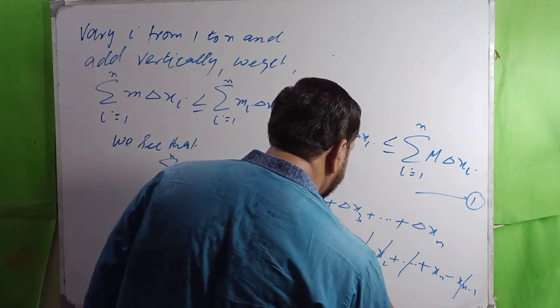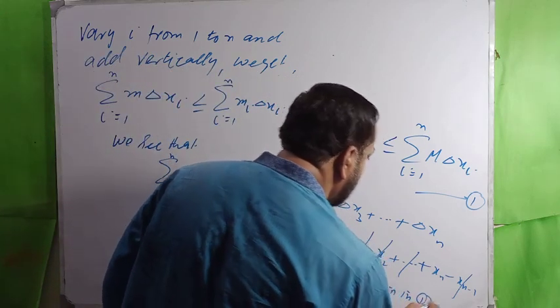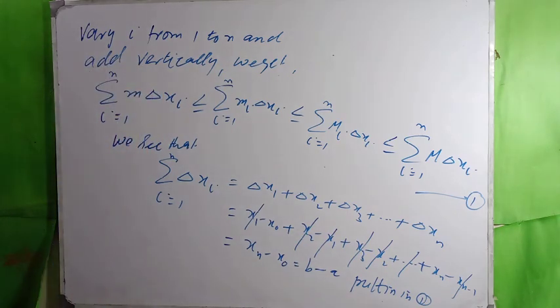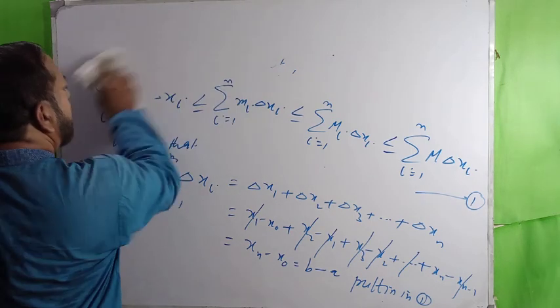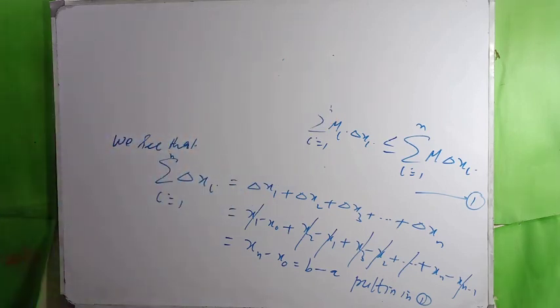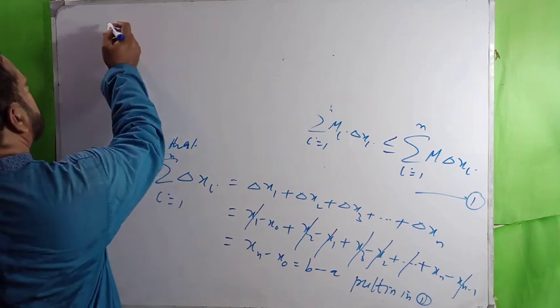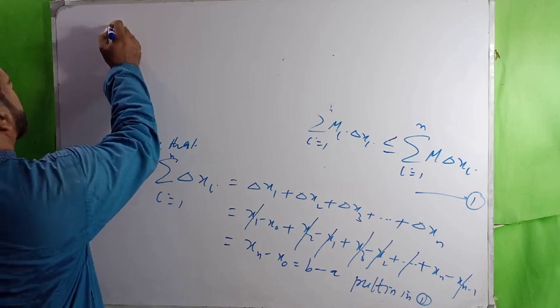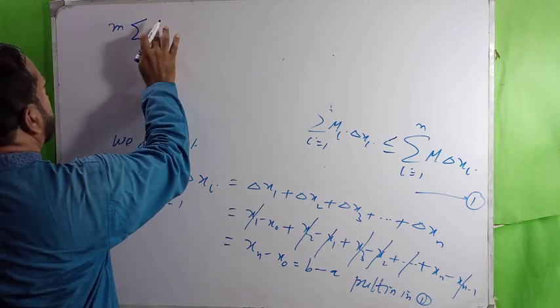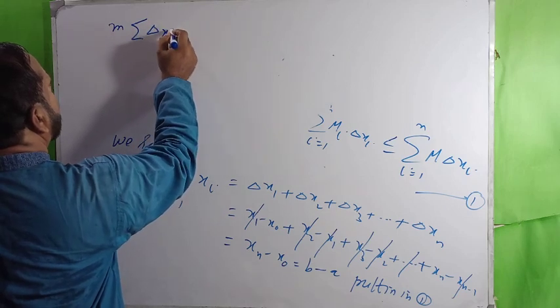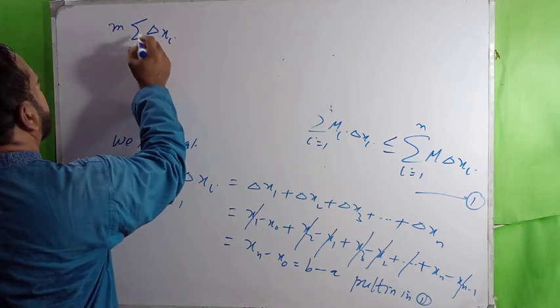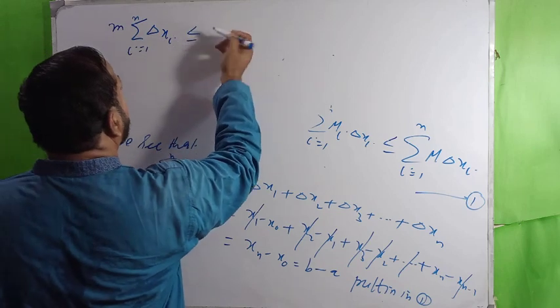Putting in 1, you just substitute the values in equation 1. Okay, we are having, so this would be, first you can write equation 1 as m times the summation of Δxi, i from 1 to n, which is less or equal to, what is this?